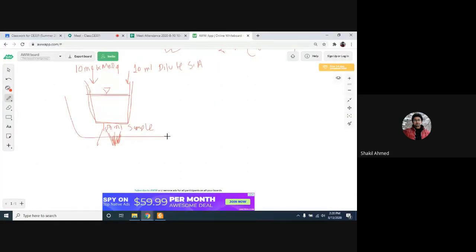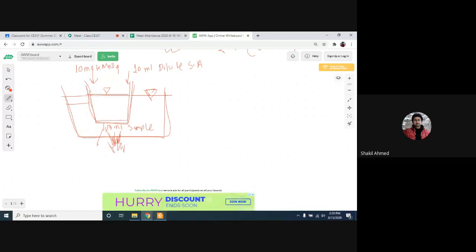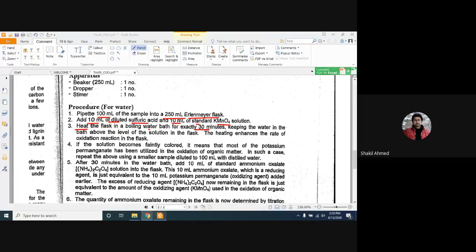You put it in a bowl of water, and now you heat this. So the water will be heated, and then your flask will also be heated. Exactly 30 minutes. The heating enhances or expedites the rate of the oxidation reaction in the flask.